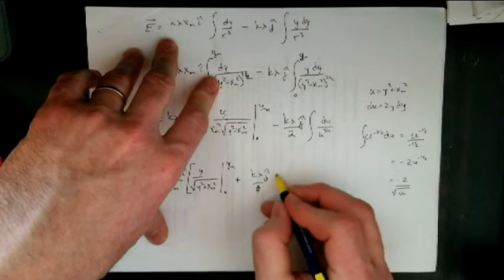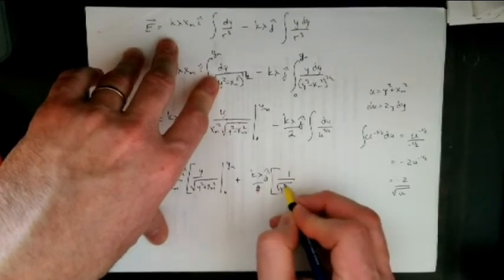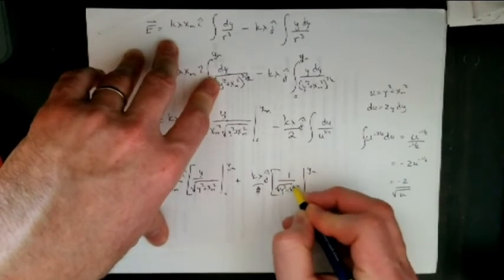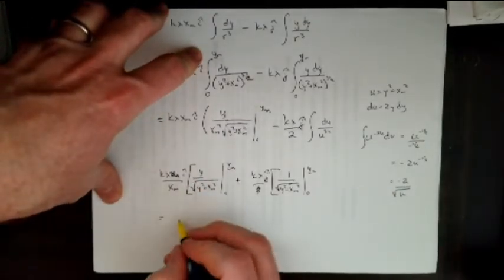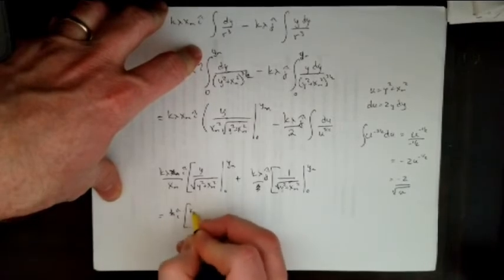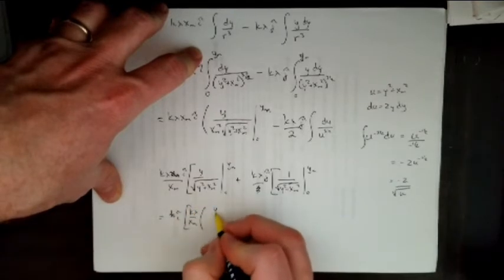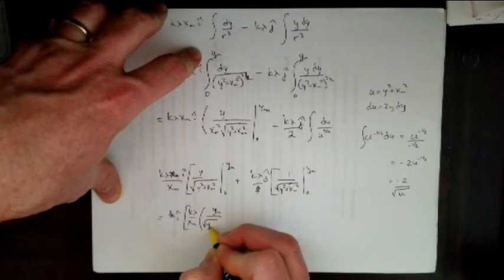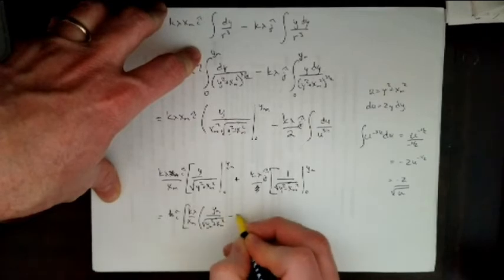And so I'm left with 1 over the square root of y squared plus x sub m squared from 0 to y sub m. Plugging in y sub m here, so I get, well, let's just stick the i hat first, times k lambda over x sub m, y sub m over the square root of y sub m squared plus x sub m squared minus 0.